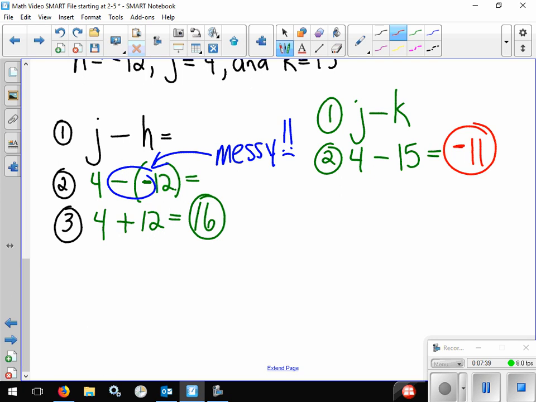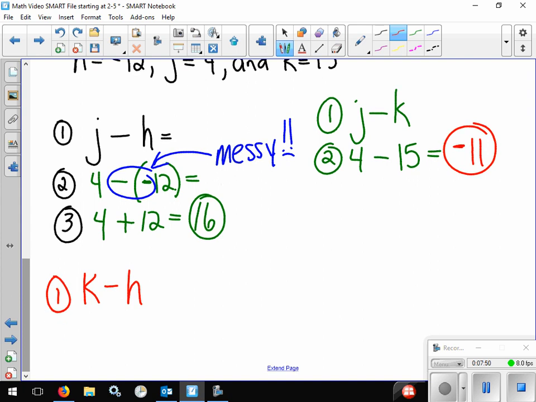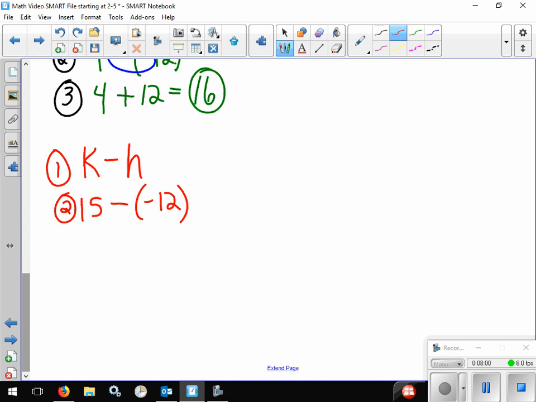Okay, let's try k minus h. So step 1, k minus h. K is, again, 15. So we write that down. K is 15 minus what's h? H is negative 12. This is where you have to watch how you write it down. It's subtracting something. So you have to have the subtraction sign.